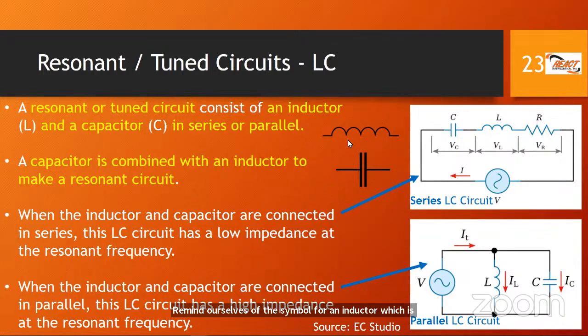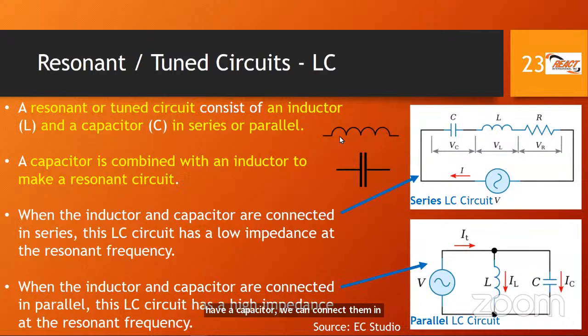But when we combine an inductor and a capacitor in a circuit, and remember we had dealt with the difference between parallel and series circuits, we dealt with that a couple of classes ago. We can connect components either in parallel or in series. So if we have an inductor and we have a capacitor, we can connect them in series or we can connect them in parallel.